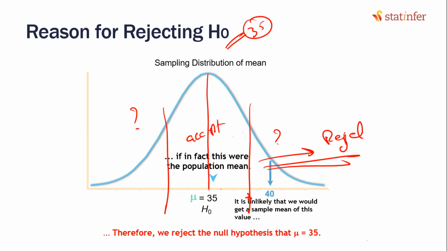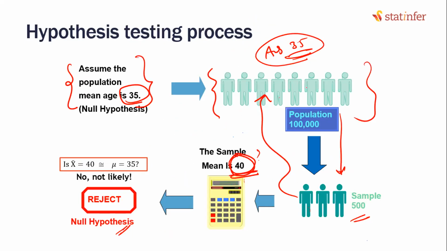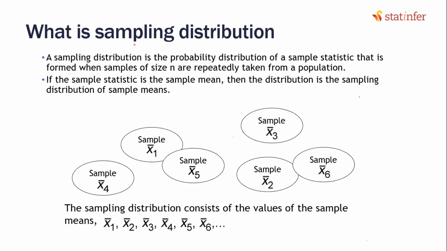How do you decide how far is really far? For that, there is a concept called sampling distribution. What is sampling distribution? If you consider this whole population, from that population, if you keep on taking the samples, 3 lakh customers are there, right?